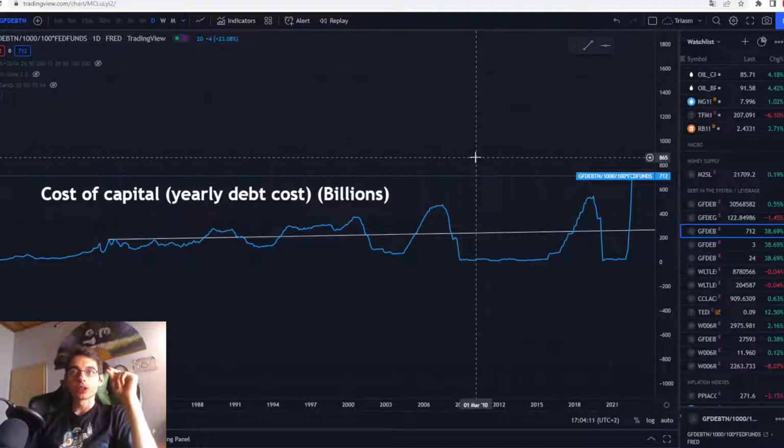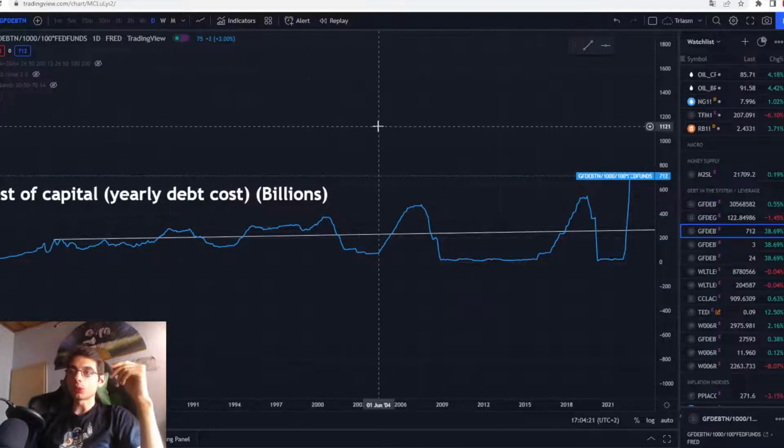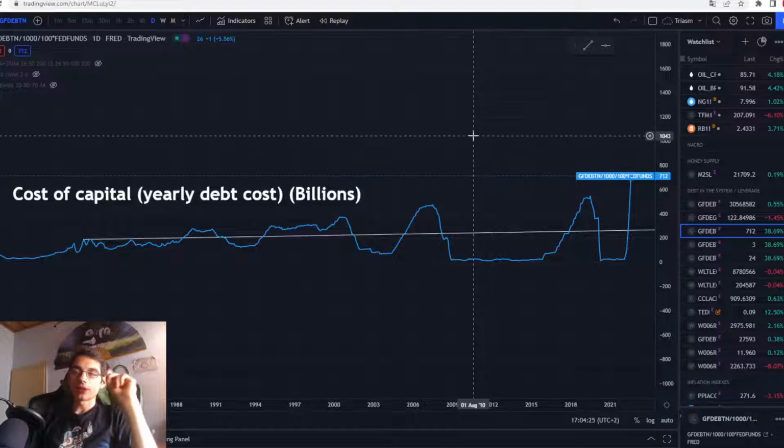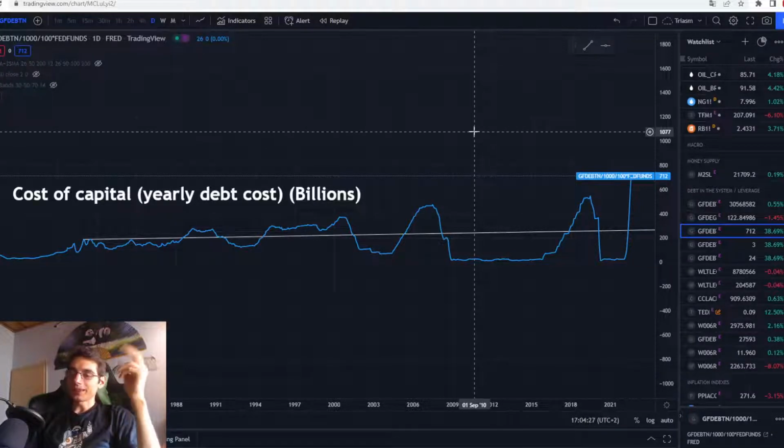And we have this. That is the cost of capital, the yearly debt cost, denominated in billions. This is actually the debt in billions, multiplied by the Fed funds rate. So every year the US government has to pay $712 billion just to not default on its debt, just to have their debt.